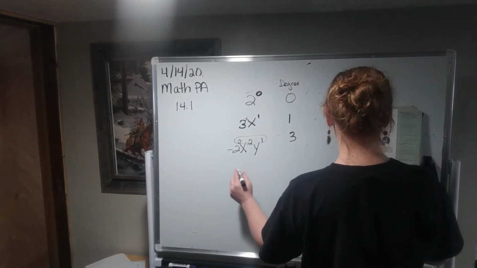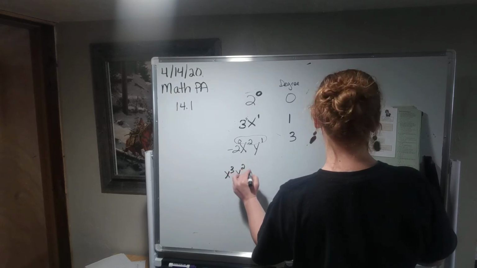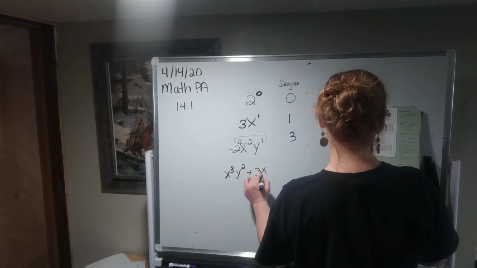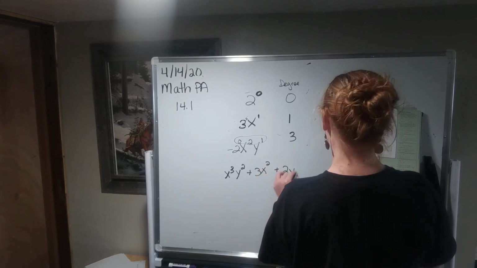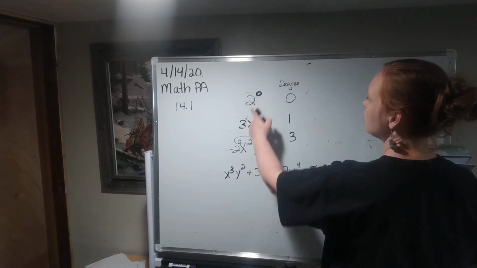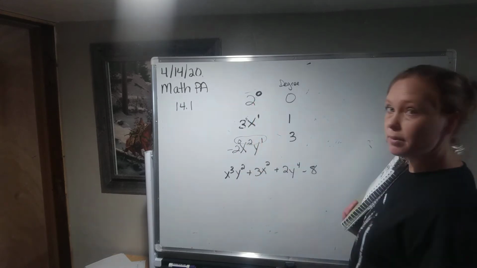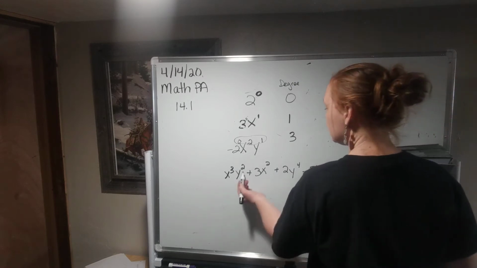Okay, so let's look at the next one: x cubed y squared plus 3x squared plus 2y to the 4th minus 8. Now, we've learned that our numbers have zeros, so I don't really need to worry about those. I'm looking at our letters, okay? And I'm going to see that they each have one.